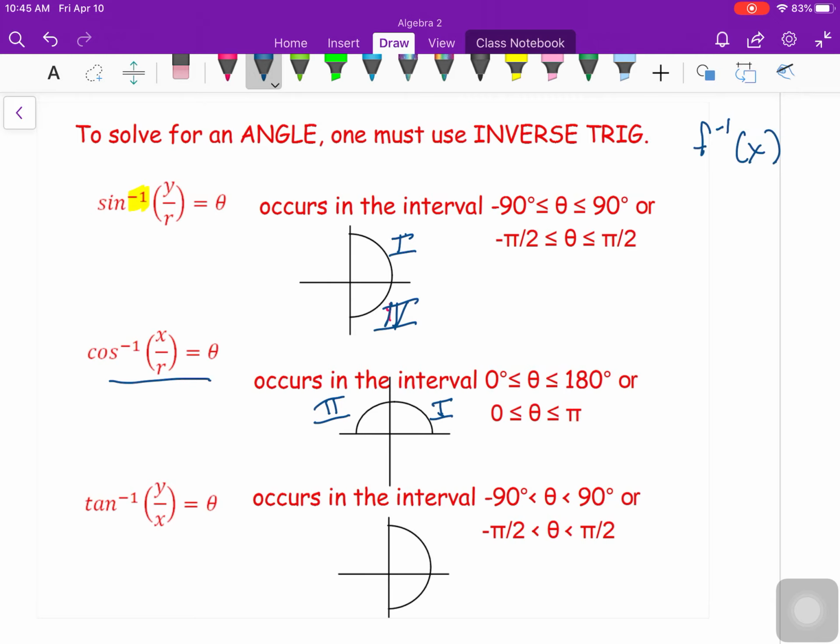And tangent inverse domain is also limited to quadrant 1 and quadrant 4. So as you can see, we can use the inverse function on any of the angles in these quadrants. In Algebra 2, we're going to only look at our angles in quadrant 1, and we can see that the inverse function is okay in those quadrants.